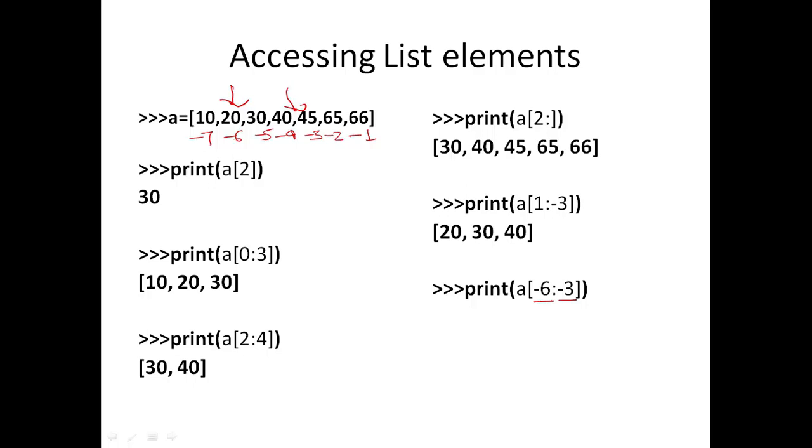I have omitted the step part, so its default value will be +1, which says we have to go in the forward direction. We can go forward because we are starting from here and ending here. So the answer of this line will be 20, 30 and 40, the same as the previous one.